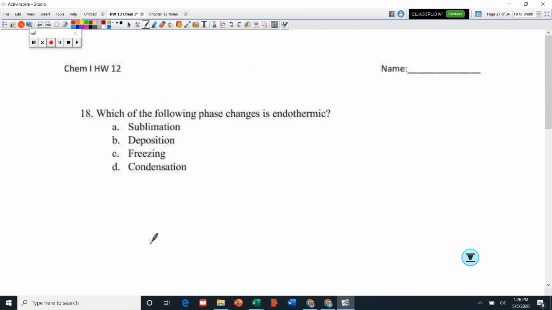All right. Which of the following phase changes is endothermic? Again, we have to look at each one of these. Is it giving heat? Is the heat coming from the surroundings to the system? If it's coming from surroundings to system, it's endothermic. If it's coming from the system to the surroundings, it's exothermic.